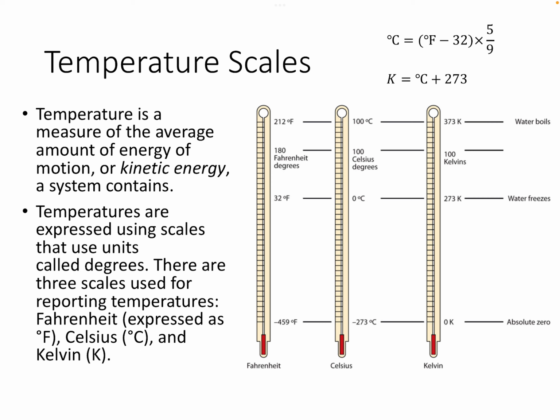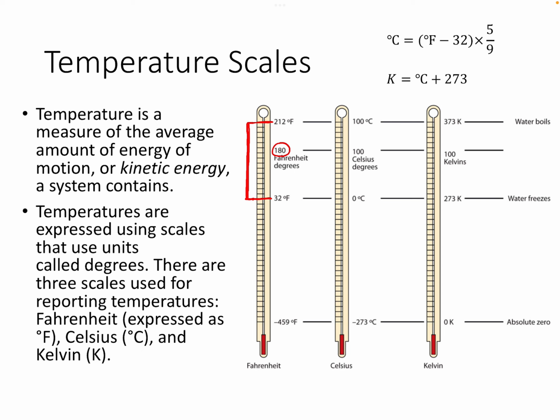So in Fahrenheit, we have the freezing point of water at 32 degrees Fahrenheit. So here in the US, that's when we expect a snow day, typically. And then the boiling point of water is 212 degrees Fahrenheit. Now, the difference between those 2 temperatures is 180 degrees.